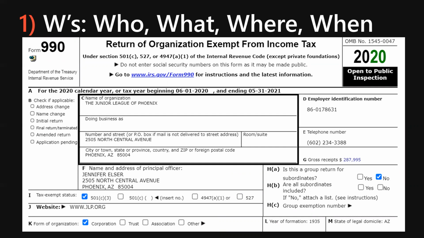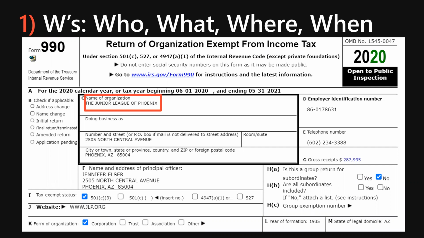And we'll spend a lot of time on this very first page. So if someone in the chat can maybe give me a thumbs up when they're ready, or a thumbs up in the room, get your 990s. Okay, seeing a few. So the W's: who, what, where, and when.